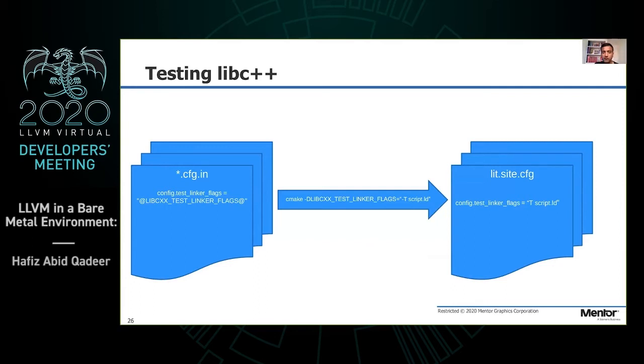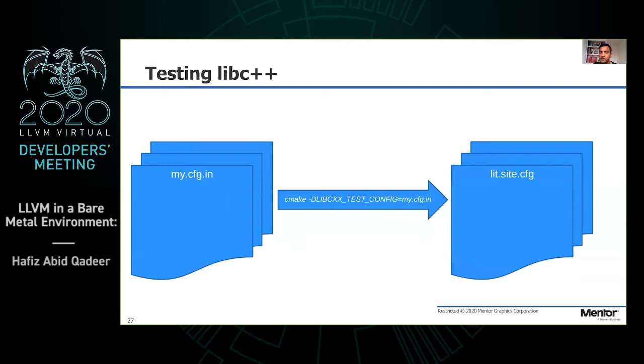So if you need to provide some information to the testing, then you need to do two things. You need to have a CMake variable, and you also need to have a corresponding entry in the cfg.in file. Recently, I came to know that there is another way.